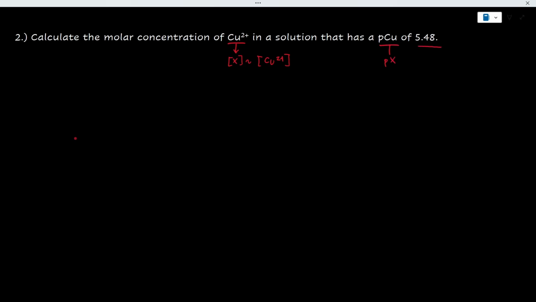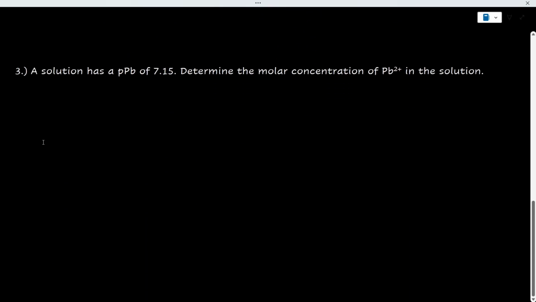If you remember the formula, the concentration of Cu2+ is equal to 10 to the power of negative pCu, which is 5.48. Calculating, that would be 3.3 times 10 to the negative 6, in molarity units. That's easy. Next question.